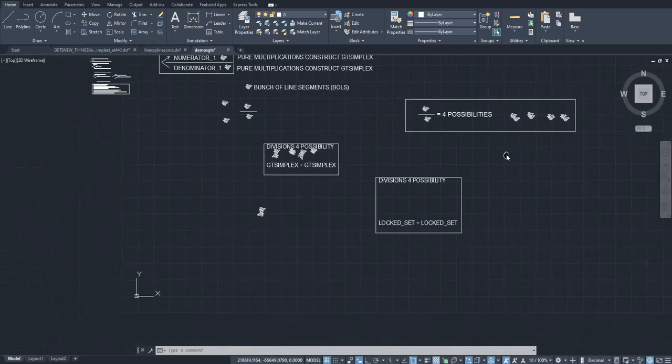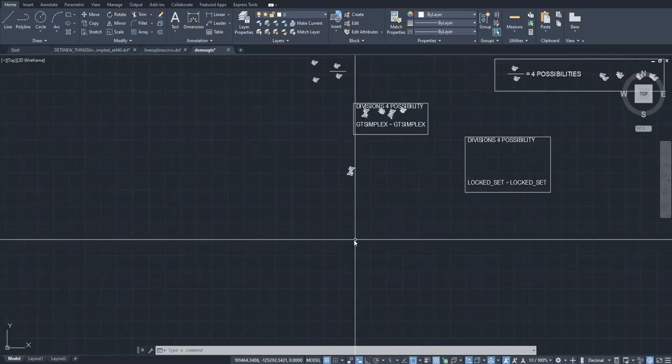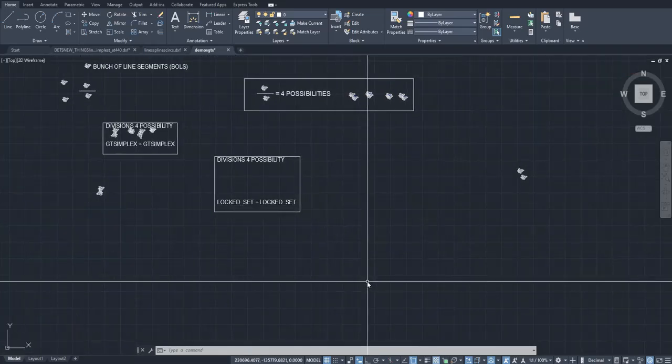So for every plus we will get 4 different bunches of line segments arranged. For minus we will get 4 different arrangements, for multiplication 4 different arrangements, and for division 4 different arrangements.